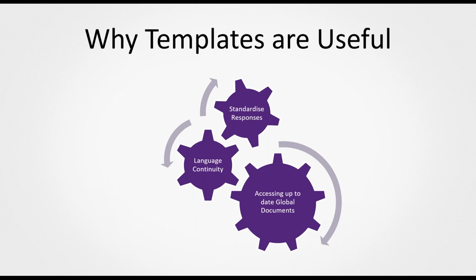So if you have a new person coming on board, they don't have to ask what kind of information should I be sending a new customer. The template is there and prepared for them. You also could have a continuity in your language in terms of phrases you want to use. So it eliminates a training need for new personnel. And then you're accessing up-to-date global documents, which you can include within a template if you so wish, or you can also access them through the toolbar.